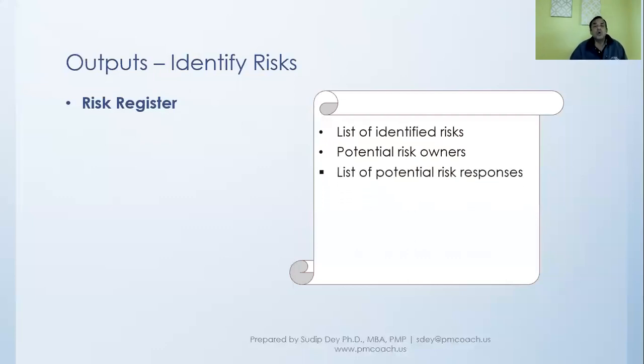Also at this point we are not really deciding on potential risk responses. That will come later, but we still list down potential risk responses. In addition, there might be other things we put in, like the status and the deadline.